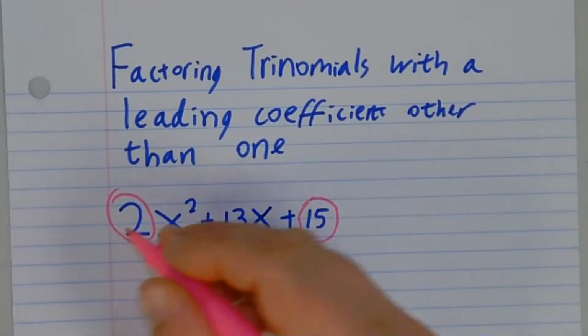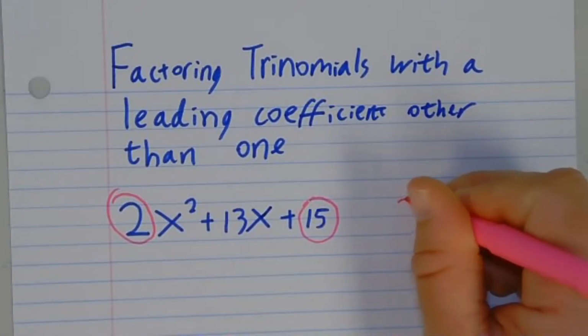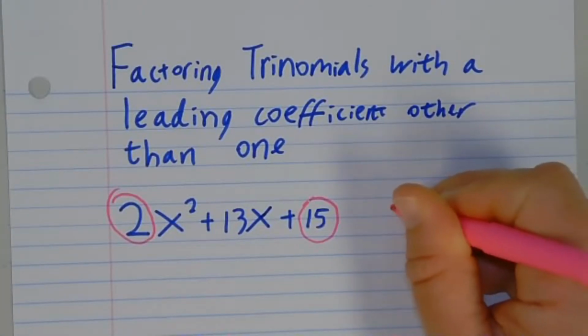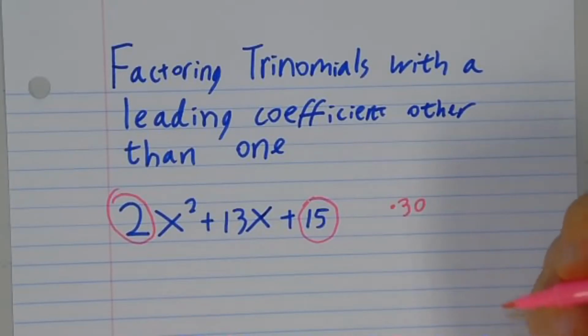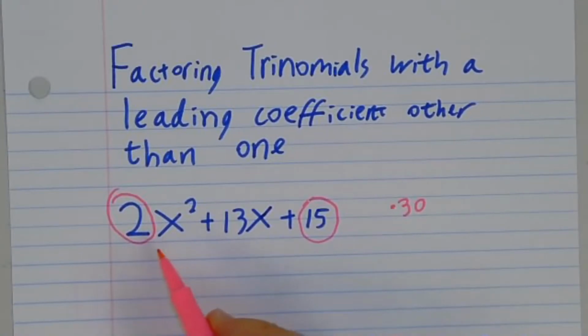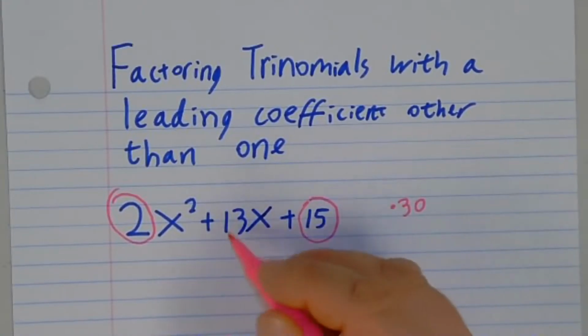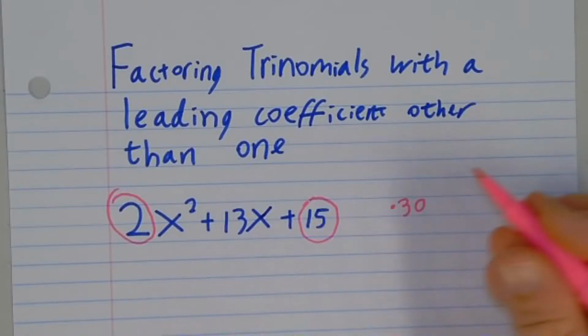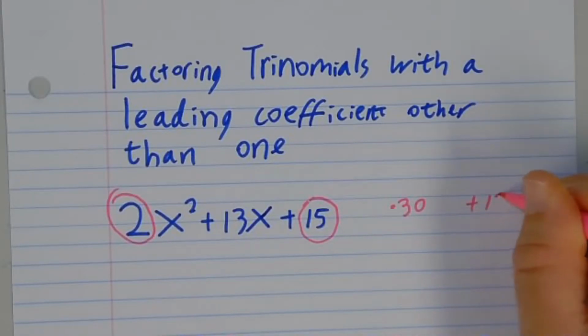So since 2 times 15 is 30, now we need numbers that multiply to 30 rather than just to 15, so that we get something that will factor with this one as well. And since we're still rewriting the middle term, we still need it to add to 13.